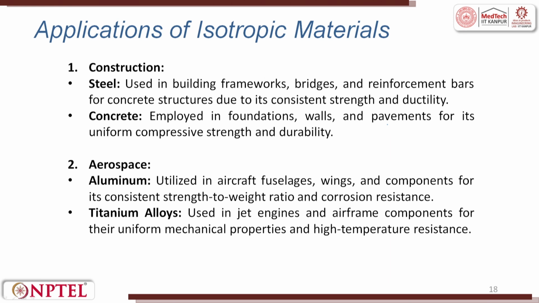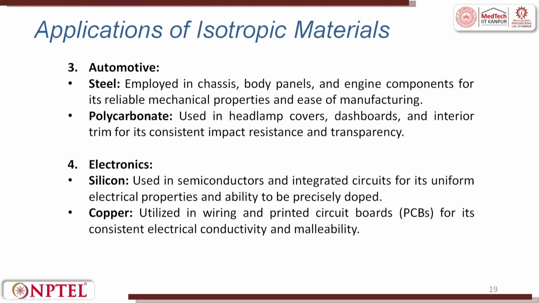In the aerospace industry, aluminum is used in fuselage, wings and components for its strength-to-weight ratio and corrosion resistance. Titanium alloys are used in jet engine and airframe components for their uniform mechanical properties and high strength.